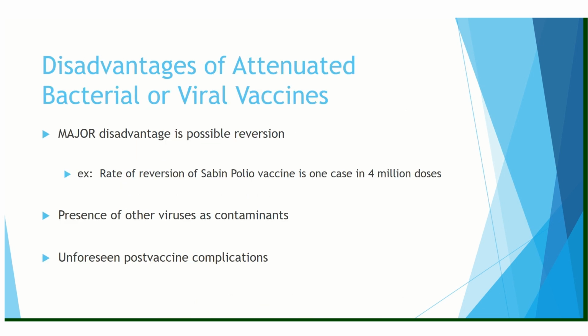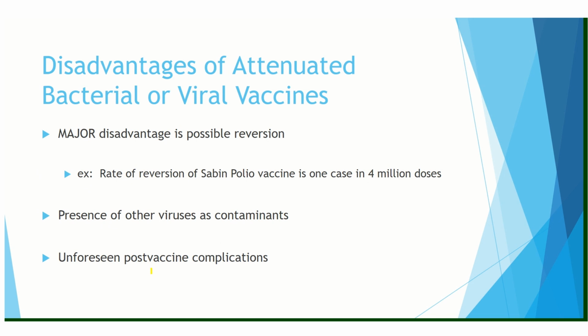The major disadvantage of attenuated vaccine is possible reversion. For example, the rate of reversion of Sabin polio vaccine is one case in 4 million doses, which might be a huge number of doses, but the reversion happens. The second disadvantage is the presence of other viruses as contaminants, and also unforeseen post-vaccine complications.